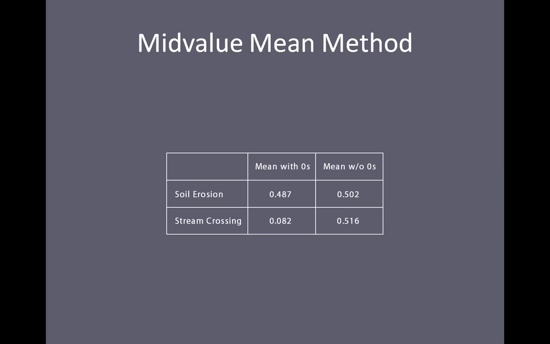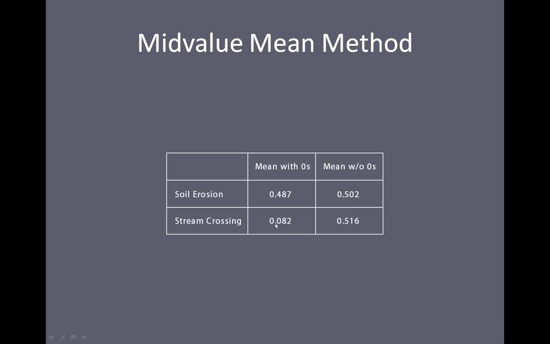After applying that mid-value mean, things changed significantly, especially for stream crossing. The soil erosion didn't look too bad to begin with, but it has gotten better. Our overall mean jumped to 0.487, up from 0.45 before, and the mean without zeros is 0.502. I think that shows how well our equations worked at balancing. The same goes for stream crossing.